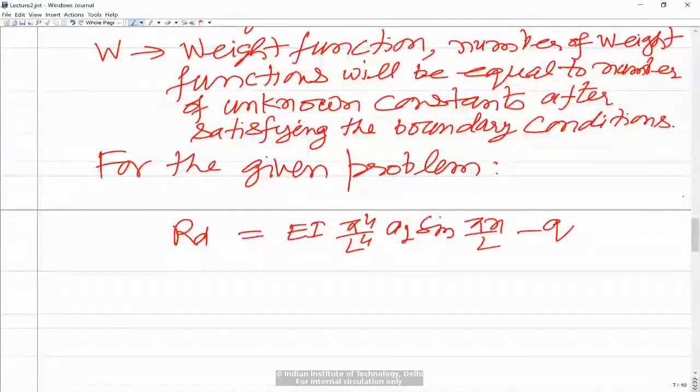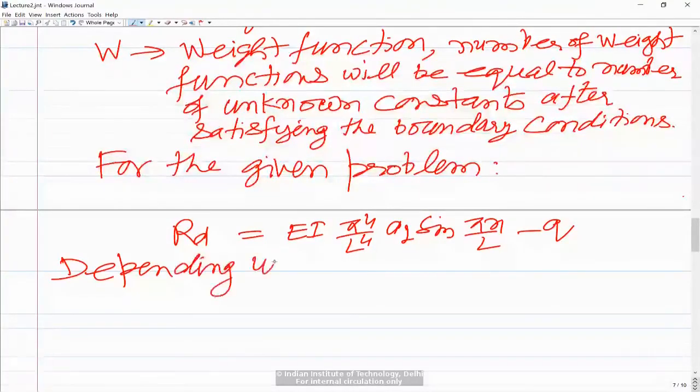And as I already said, depending on the choice of W, the weight function, different weighted residual methods are there.